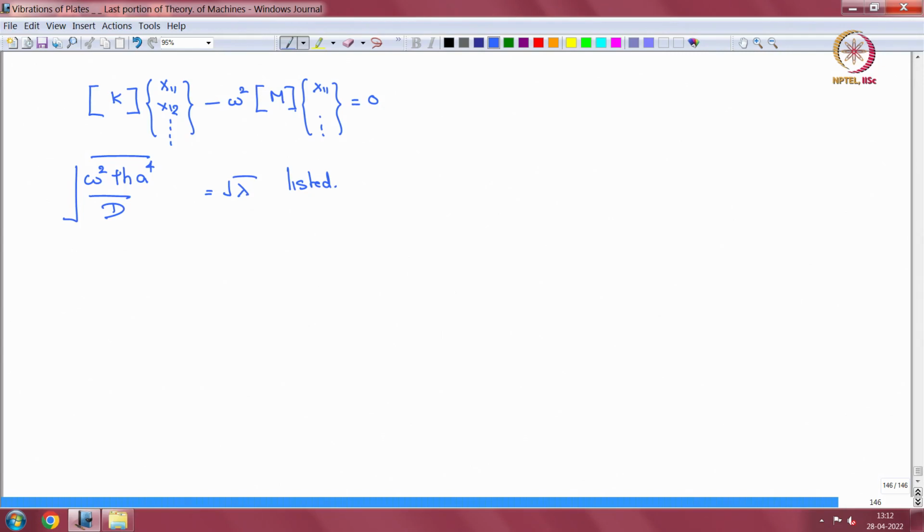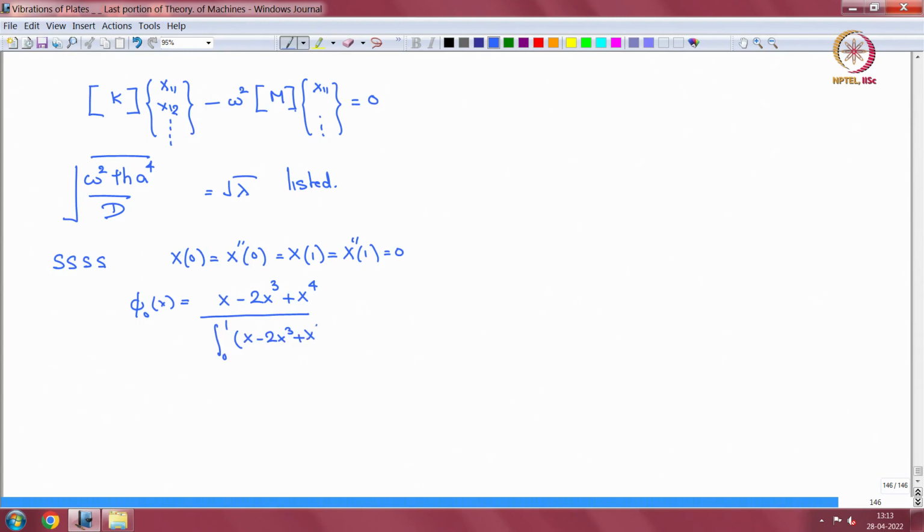Now, if all four sides are simply supported, then you have X of 0 is equal to X double dash of 0 is equal to X of 1 is equal to X double dash of 1 equal to 0, and phi 0 is x minus 2x cube plus x fourth by the integral 0 to 1 of x minus 2x cube plus x fourth whole squared dx to the power half.